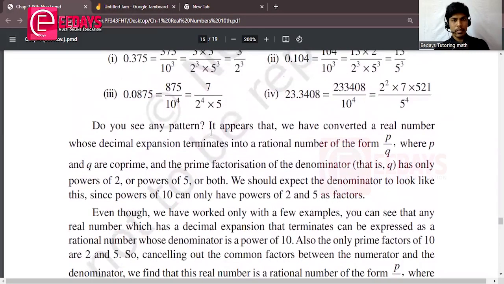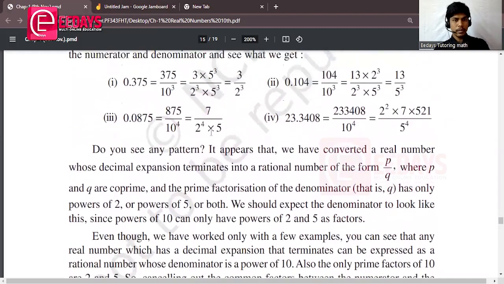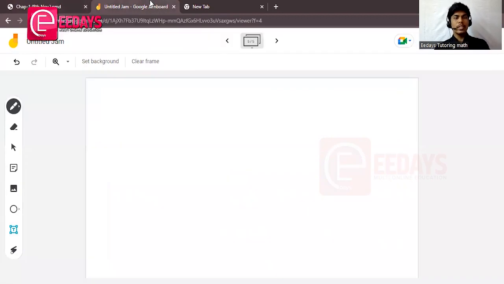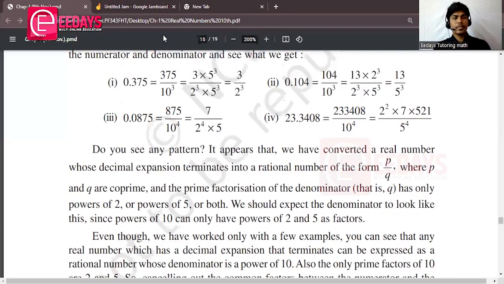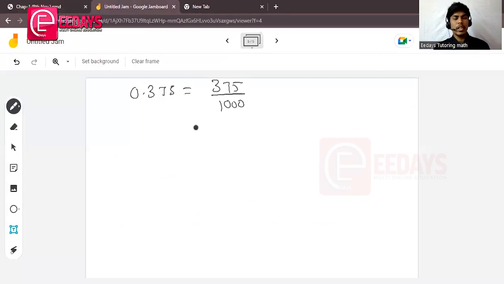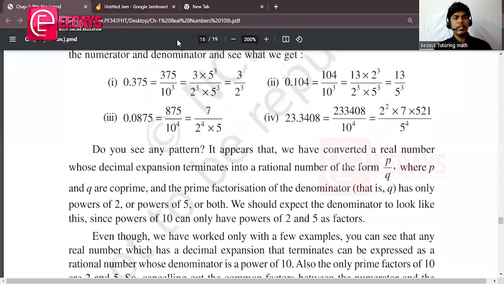Let's take an example of 0.375. If I give you 0.375, we generally write 375 by 1000, which you can write as 375 by 10 cube.